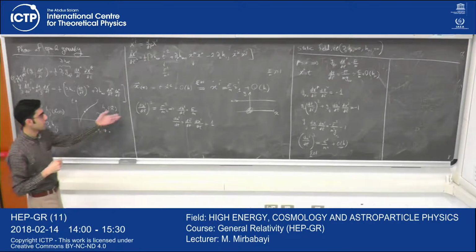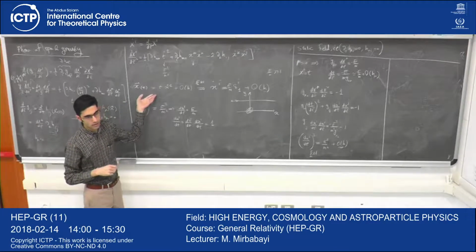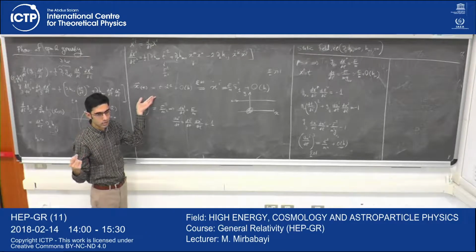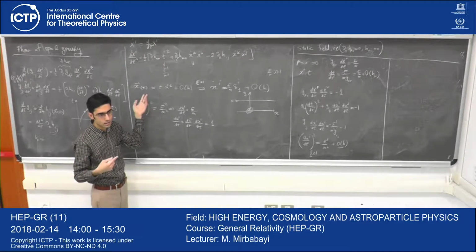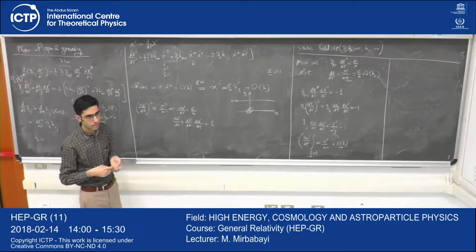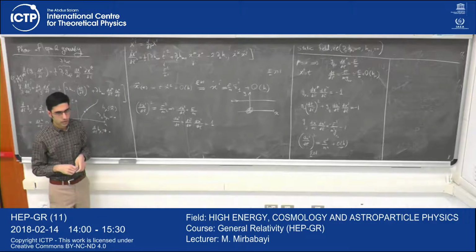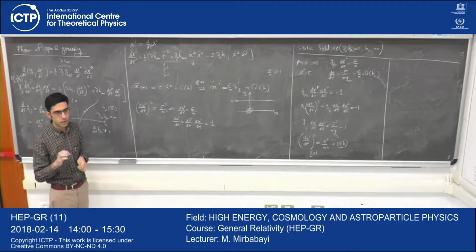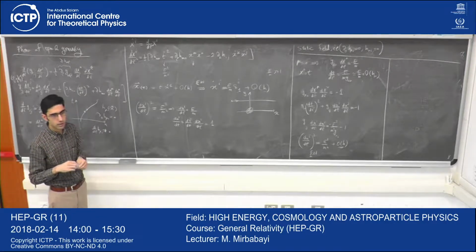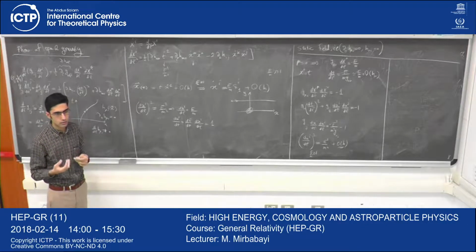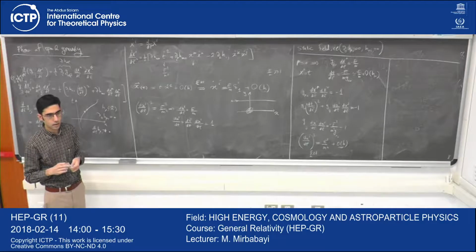But I really wrote this because if you consider an ultra-relativistic particle that moves along the x direction, its equation of motion is x equals t, assuming that it moves at the speed of light. When we consider an ultra-relativistic particle, it moves almost at the speed of light.